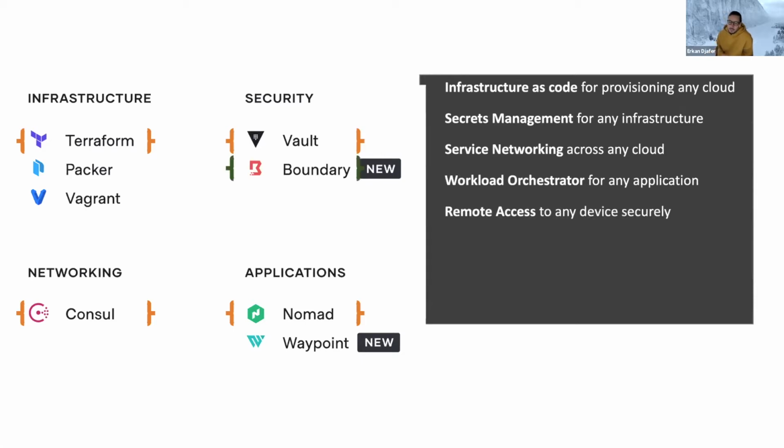In addition, we have just recently released two new products, one of which is called Boundary. Boundary's main purpose is to allow secure remote access from users to devices or systems. Historically, this has been pretty complex. With Boundary, we eliminate the need for classical equipment and security mechanisms that try to create a perimeter surrounding the important systems and devices.